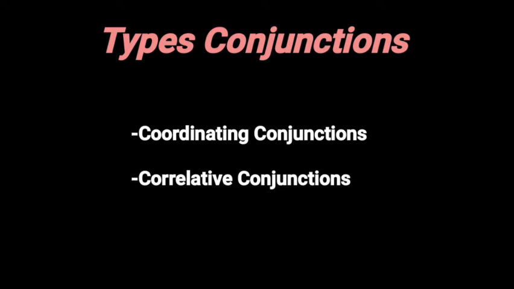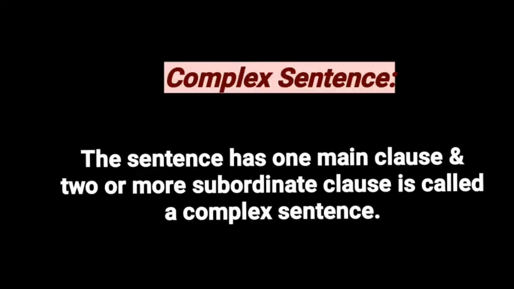Coordinating conjunctions are for, and, nor, but, or, yet, so, etc. Correlative conjunctions are either or, neither nor, no sooner than, hardly had when, etc. With the help of these conjunctions, we can identify or create a compound sentence.